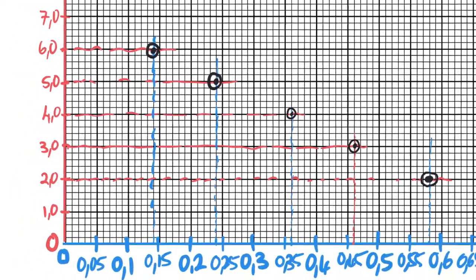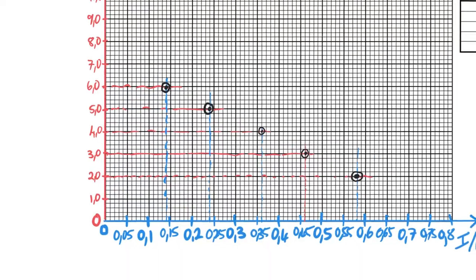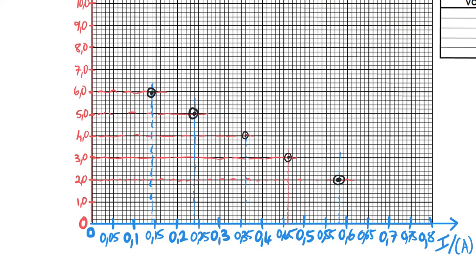We now plot that, and we can see that the tendency is that as the current values increase, the voltage values decrease, and it does look like there's a linear pattern to this data. So now I'm going to draw a line of best fit, a line that goes through there.